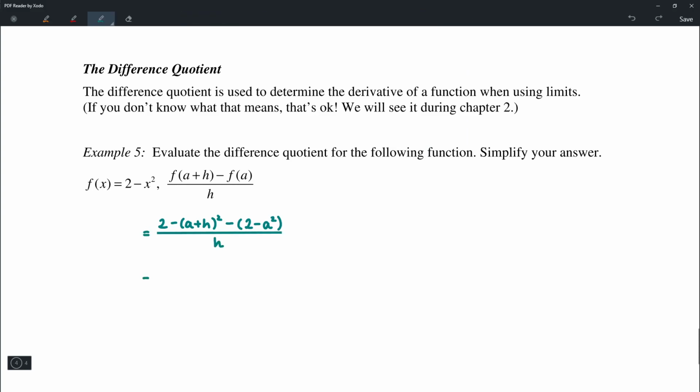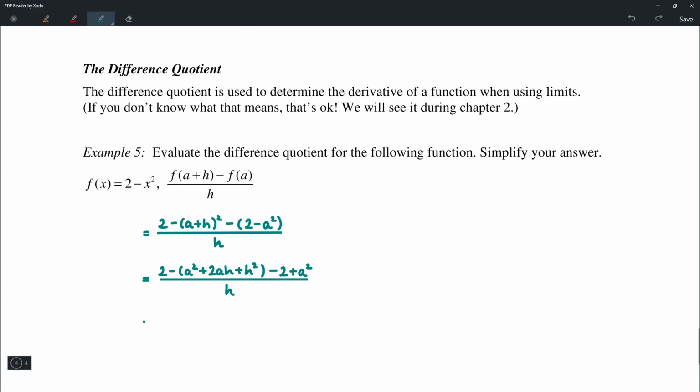Okay, from there, we're going to expand the trinomial, so we get a squared plus 2ah plus h squared, and then minus 2 plus a squared, after using the distributive property there. Okay, now we're going to try to also apply the distributive property in the middle part of the numerator.